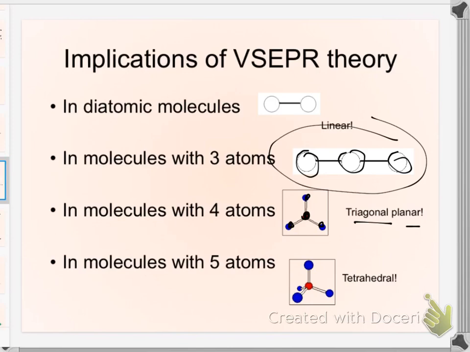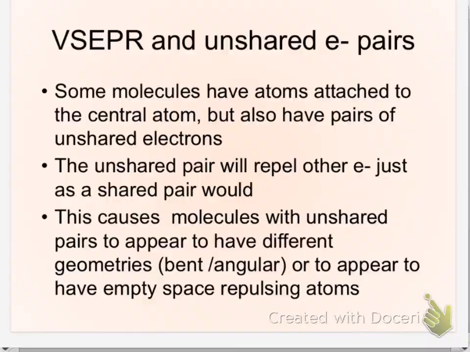But it's got an unshared pair here, which pushes all of these hydrogens down. And what we end up with is something that's called pyramidal, because this looks like a little pyramid. Here's the point of the pyramid. Here are the bottom of the sides of the pyramid. Okay? So we have these odd geometries because we have unshared pairs that are changing the geometry of these molecules.